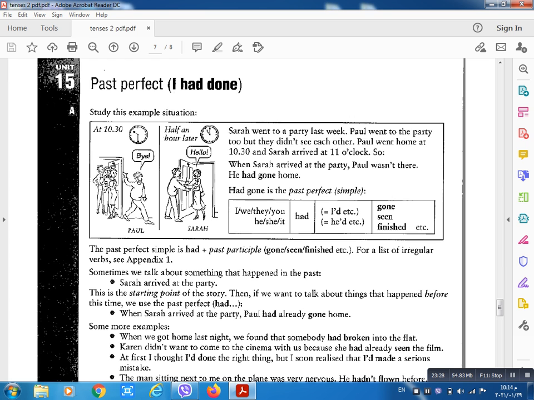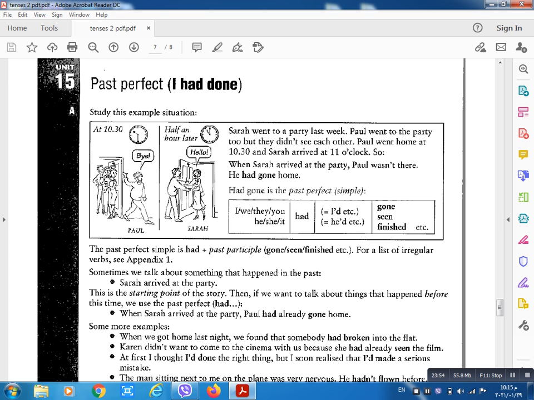Look there, students. In the past, where there were two actions, I am to deal with the first action according to the sequence of time, the first one to be the starting point. We call it the starting point. Everything that happened just before the starting point of that story will be expressed by the past perfect.